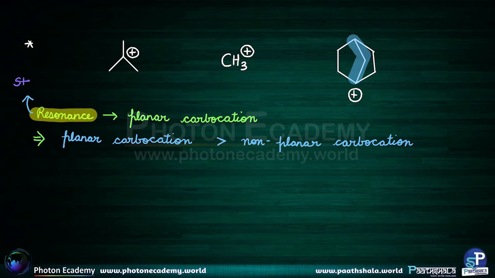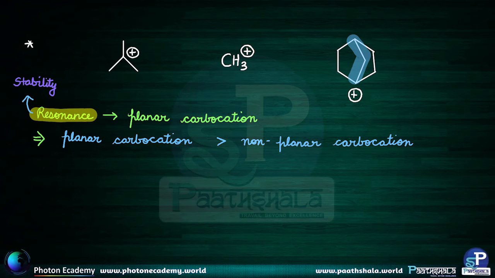So if carbocations are planar, then they'll show resonance. And if they show resonance, then they show stability. So a planar carbocation showing resonance will be more stable than a non-planar carbocation. This is the part we have to remember, that a planar carbocation is more stable than a non-planar carbocation.